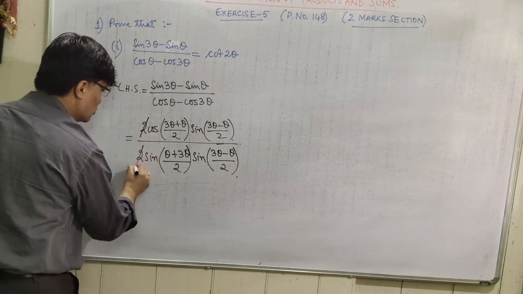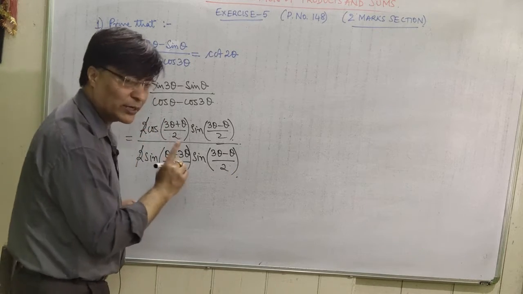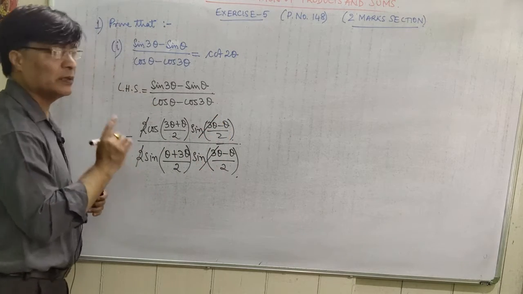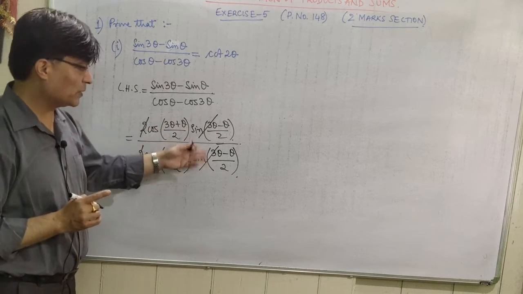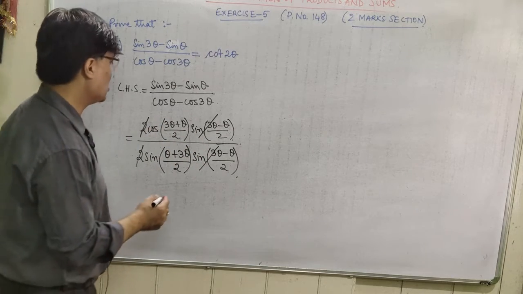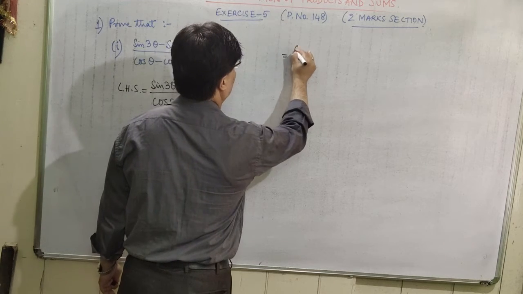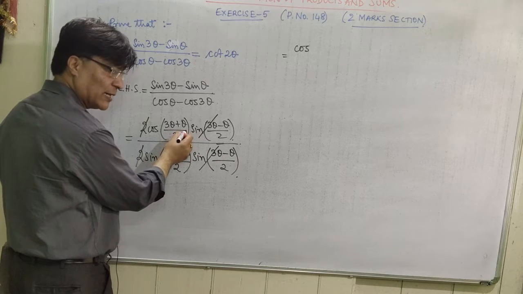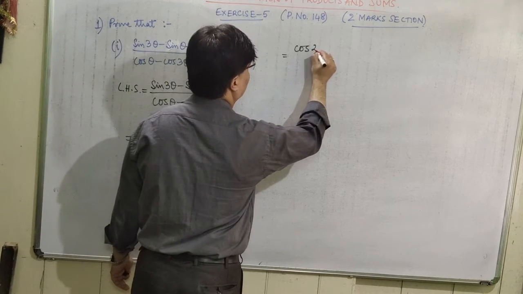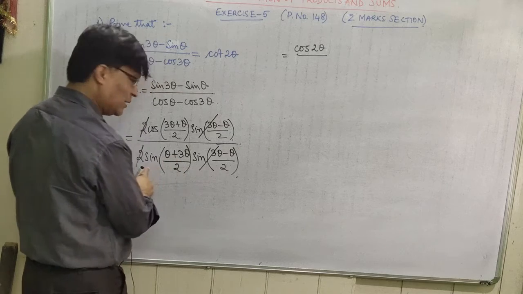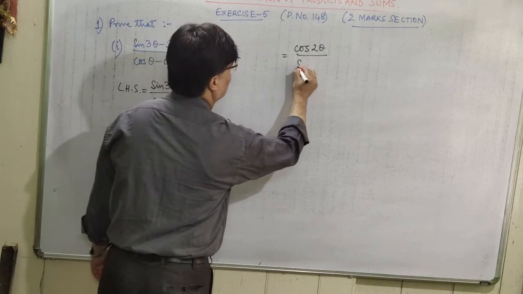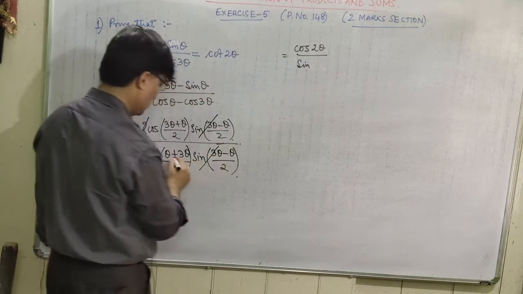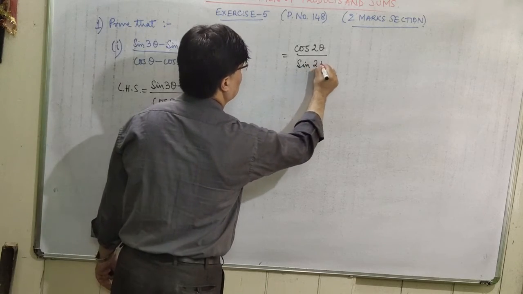Here the two similar terms can be cancelled from both numerator and denominator, and also the sine of 3 theta minus theta by 2. So let us simplify. In the numerator, this is cos of 3 theta plus theta, which is 4 theta, divided by 2 is 2 theta.